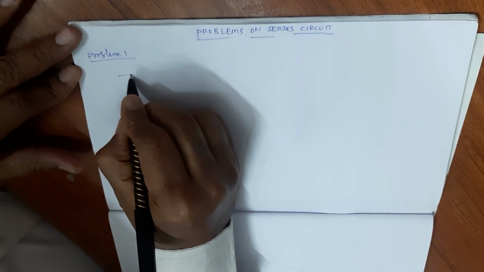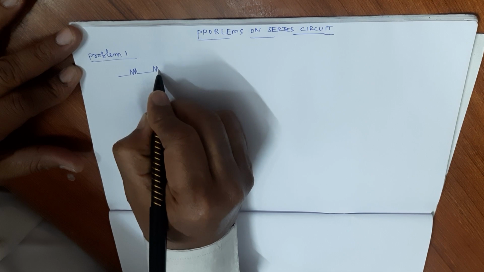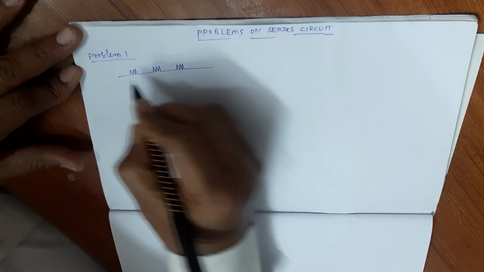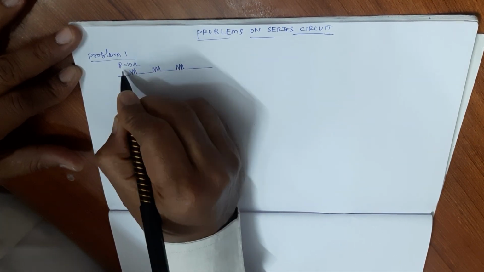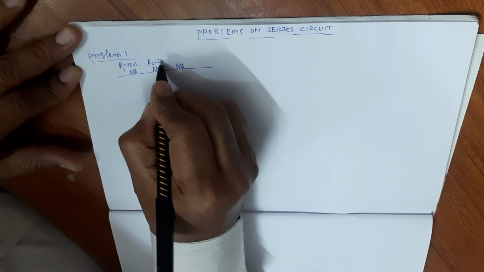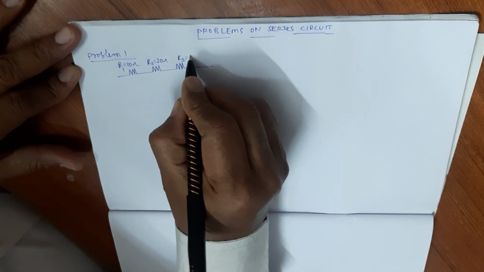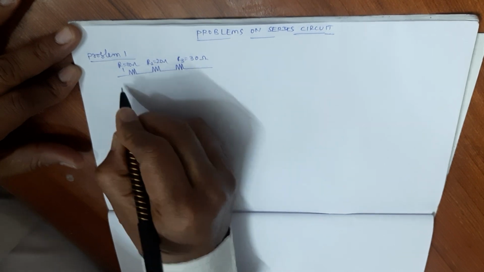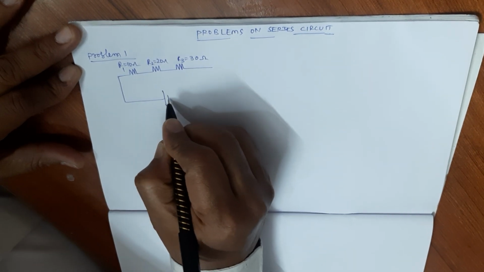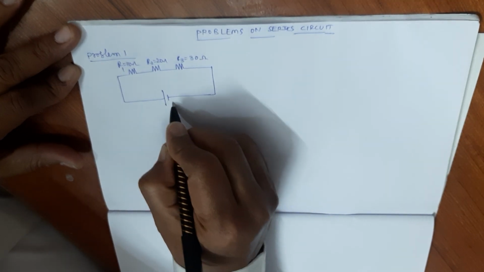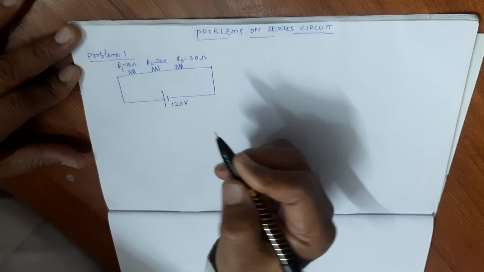A series circuit consisting of three resistances R1 equal to 10 ohms, R2 equal to 20 ohms, R3 equal to 30 ohms, and a battery of 120 volts is connected across this circuit.